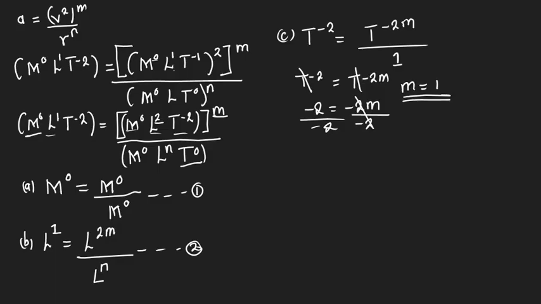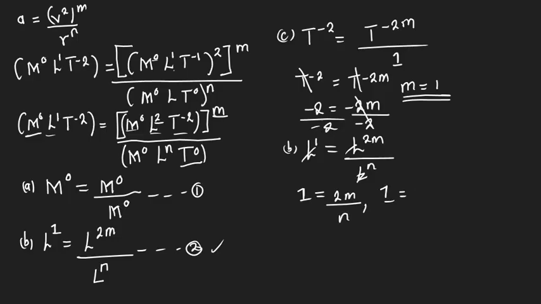Now, how do you find N? You can use this equation. L to the power 1 is equal to L to the power 2M over L to the power N. So we cancel everything, and this is going to be 1 is equal to 2M over N. So 1 is equal to 2M over 1.